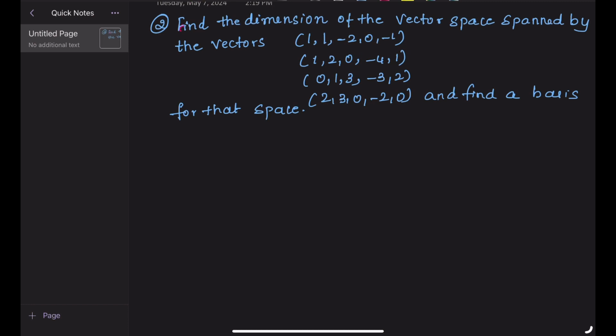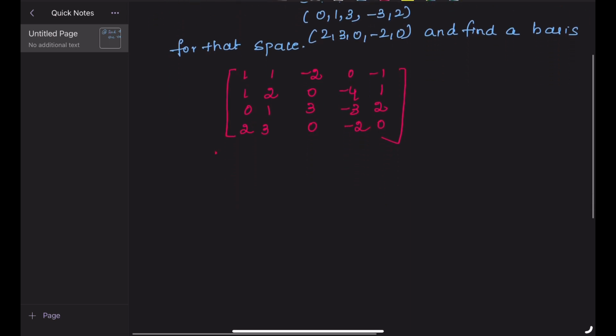Find the dimension of the vector space spanned by the given vectors, and find a basis. Again we will write the vectors in the matrix form: 1, 2, 0, -4, 1, then 0, 1, 3, -3, 2, and 2, 3, 0, -2, 0. All right, let's apply the row transformation method.